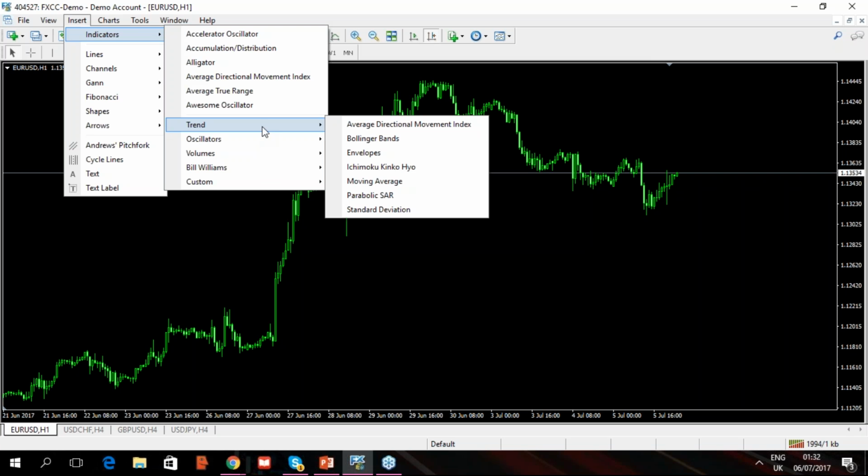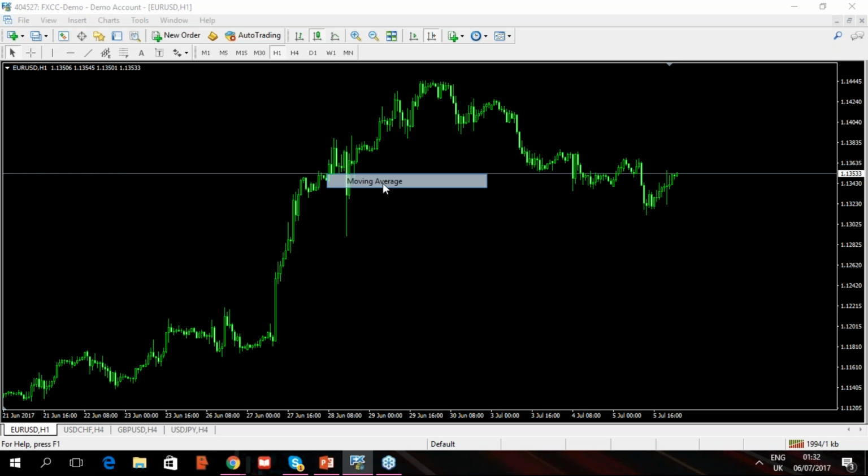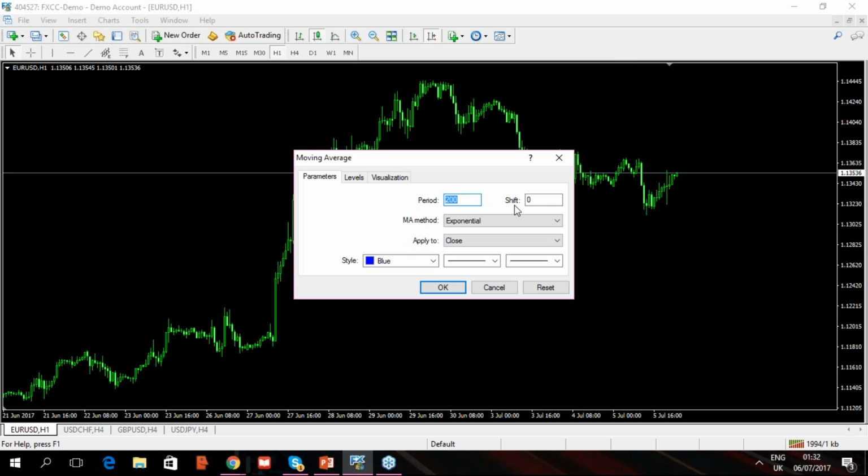Okay, so we've got trend, and you click onto the moving average right there. We'll start off with the first moving average, which is a 50. The period would be 50 right there. You could change the MA method from simple, which is the default one, to exponential, and leave that to apply to close. Okay, we'll leave the exponential and close, and we will only be changing the period right there as well as the color.